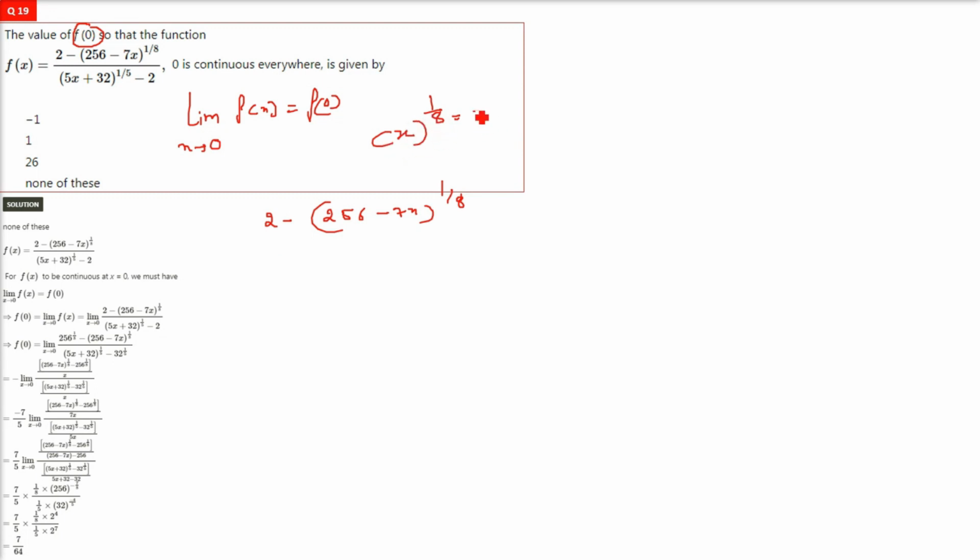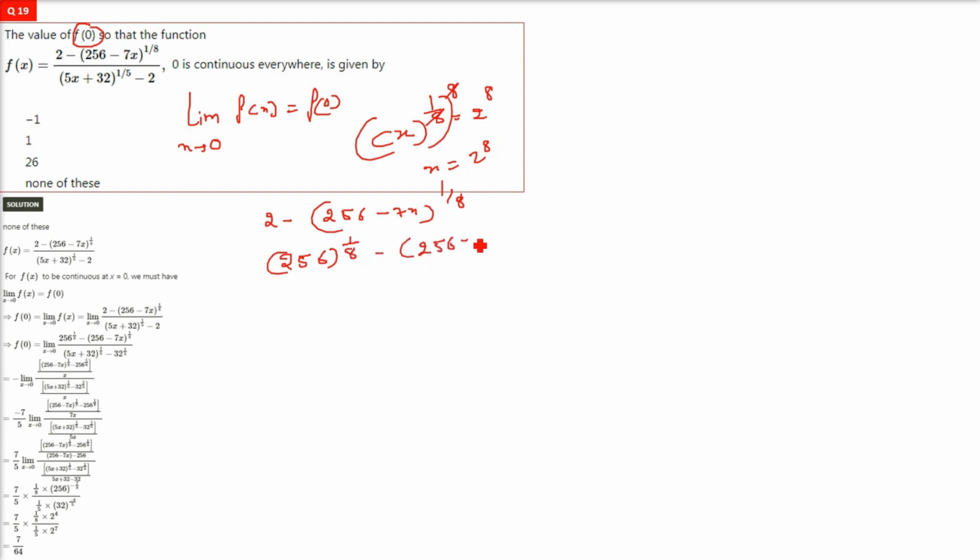That will be 2. So this is how we get what we have to put in place of 2. So basically you have to raise to the power 8 on both sides. So x equals 2 raised to 8. 2 raised to 8 to the power 1 by 8 is actually 2. So 2 raised to 8 is nothing but 256.